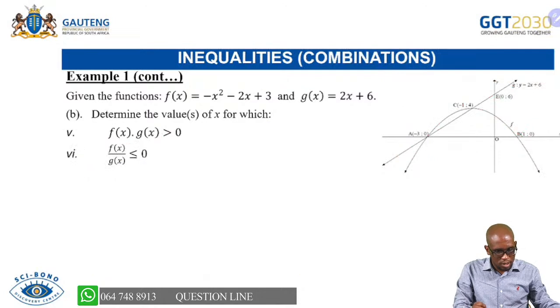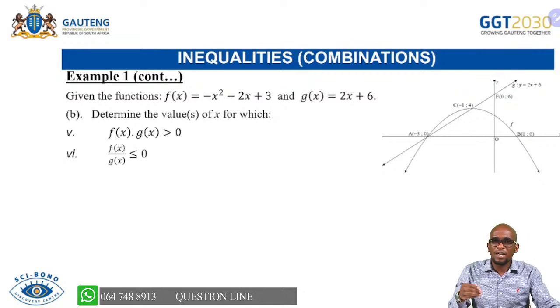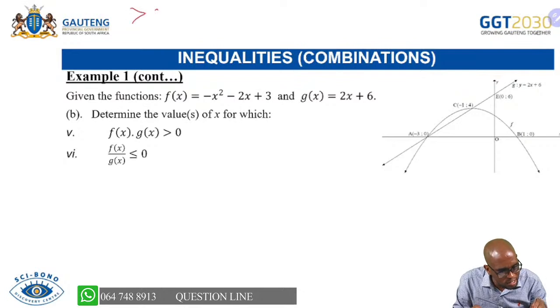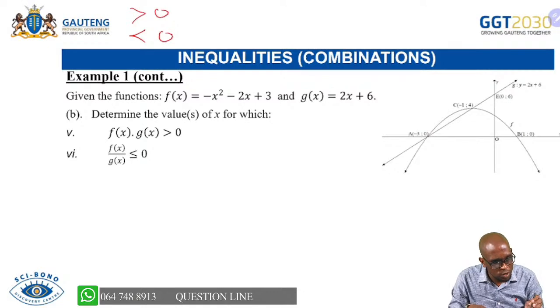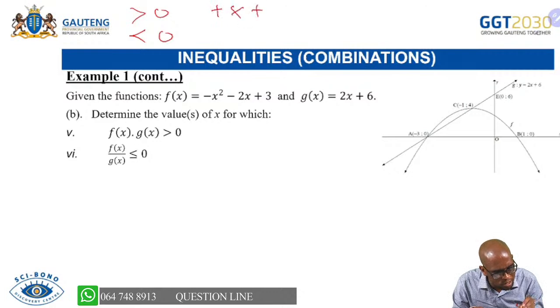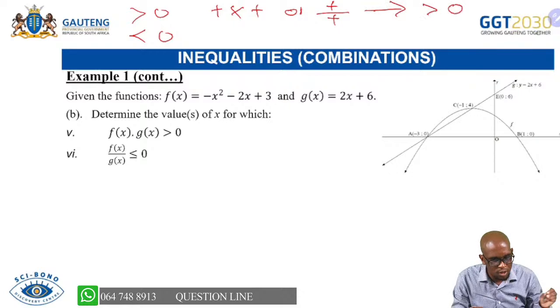Now, these ones are combinations. Remember with combinations, you want the combined effect of the graph. You want to know when you have positive or when you have negative. Looking back at the rules of signs, if you have positive multiplied by positive or positive divided by positive, the combined effect would always be positive.